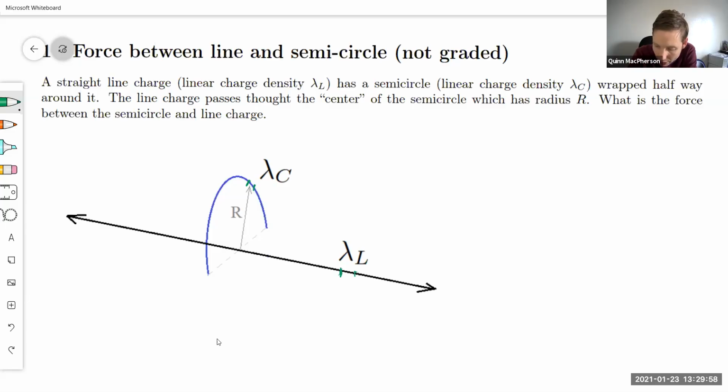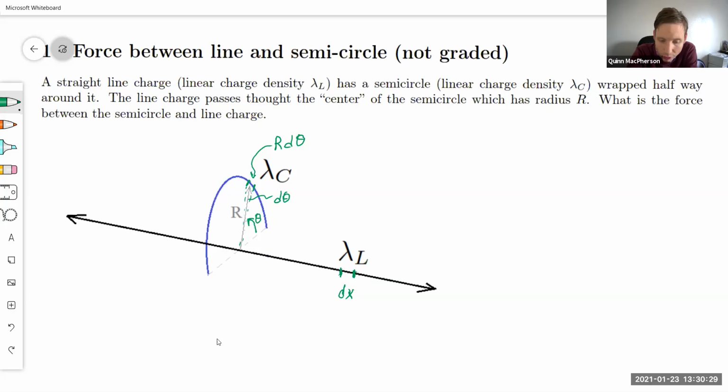I'm going to divide the line charge into little segments of length dx, and the circle charge into little segments d theta, where that angle there is theta. So d theta is the change in angle, rotating up a little bit, and the length of that little segment is r d theta.